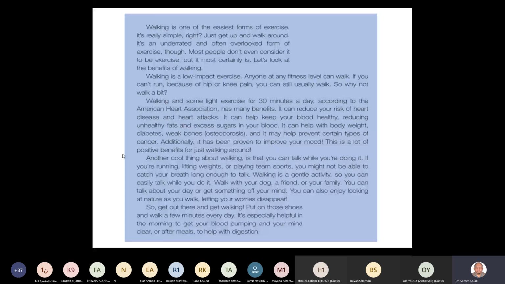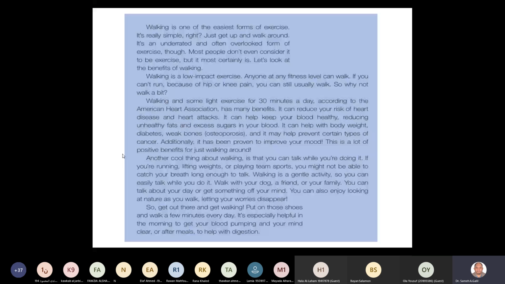You don't just give claims. You don't just say that walking is one of the easiest forms of exercise. It would stay a claim unless you provide examples, which the writer did, and did very successfully, as Hala and lots of other people have highlighted.